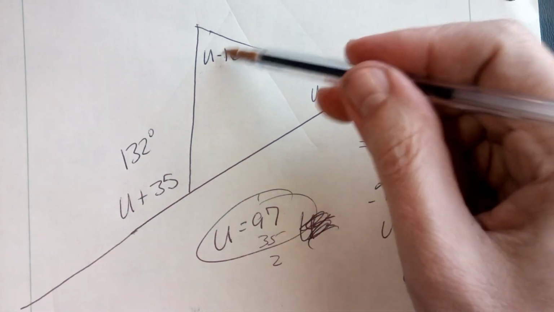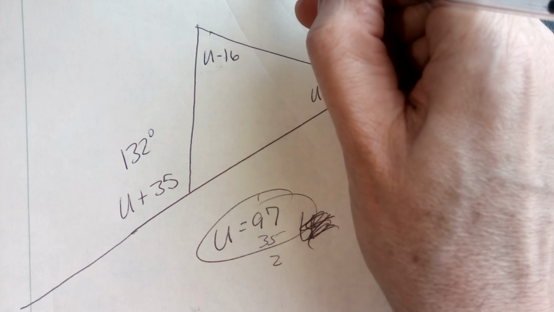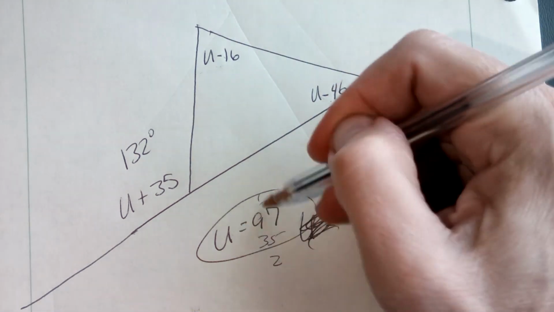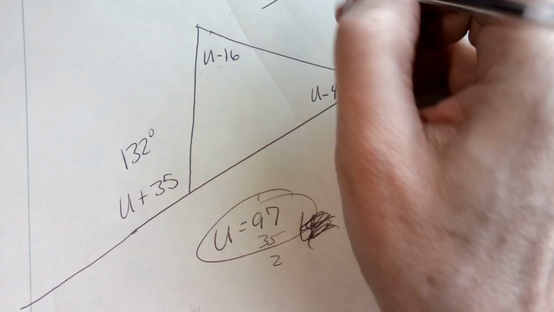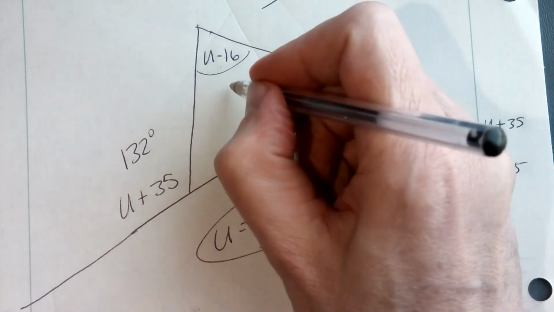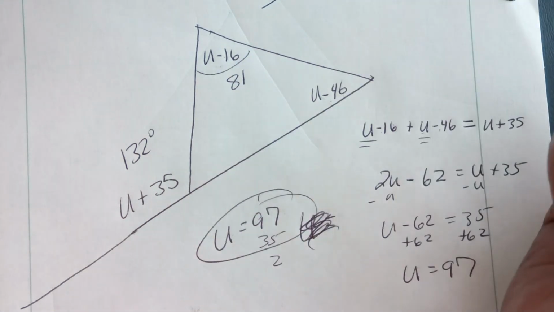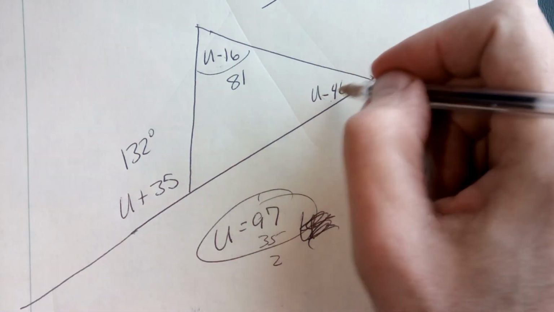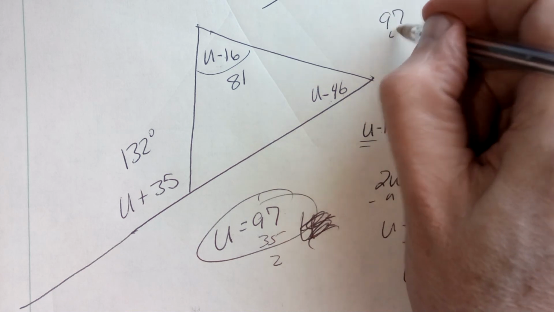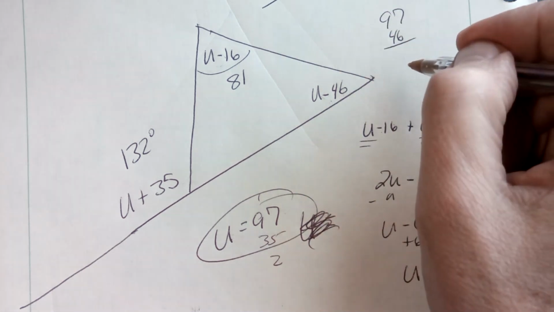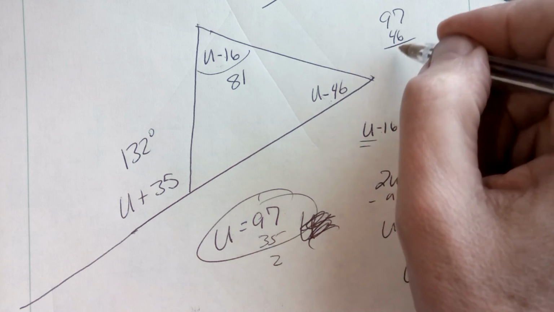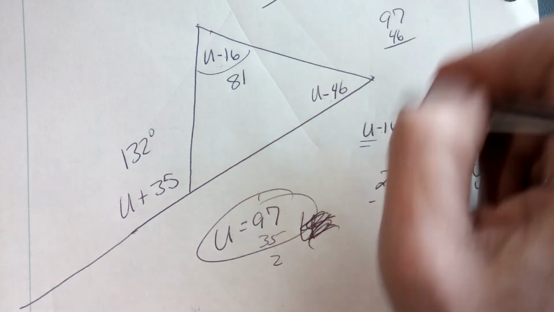If I do this one here, I'm going to take my 97, which is what u is, and subtract 16 from it. This interior angle here then would be 81. This one here, 97 minus 46, that would have to be 51.